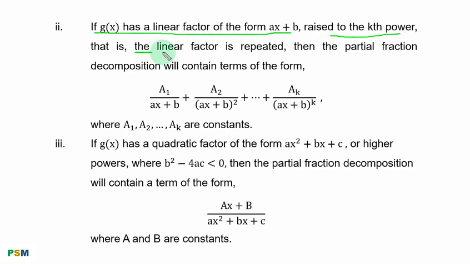That is, the linear factor is repeated, then the partial fraction decomposition will contain terms of the form a sub 1 over as plus b plus a sub 2 over as plus b in brackets to the power of 2 plus dot dot dot plus a sub k over as plus b in brackets to the power of k.